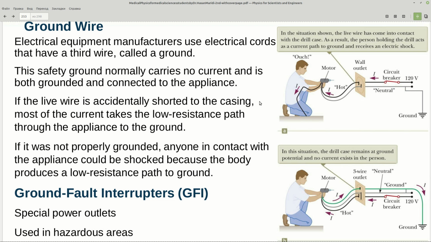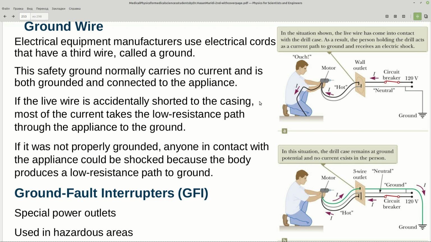In the UK and the USA, we have the special power outlet used in hazardous areas, and they're designed to protect people from electrical shock. They sense current of less than 5 milliamperes leaking to ground, and quickly shut off the current when it goes above this level.